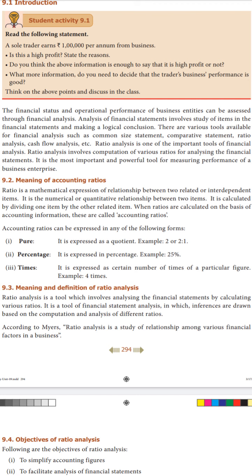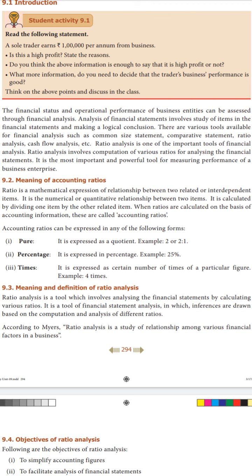So, meaning of accounting ratio: ratio is a mathematical expression of the relationship between two related or interdependent items. It is normally a numerical or quantitative relation, calculated by dividing one item by the other related item.